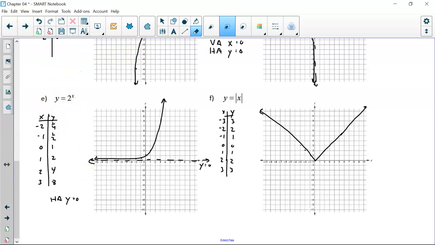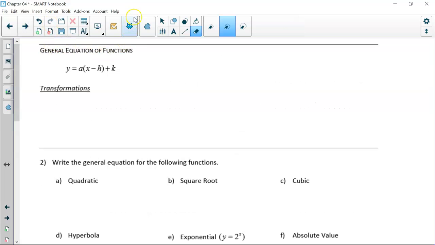Like I said, I will be providing this as a printout for you. So the general equation of a function: you've seen this before. We talked about it with our quadratic functions, and the transformations work the same way. When a is less than 0, there's an x-axis reflection.